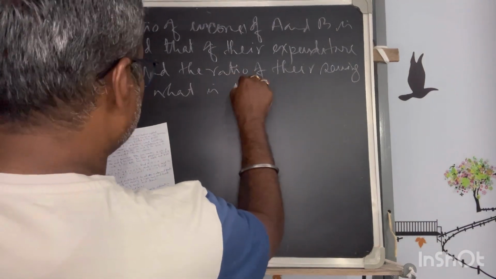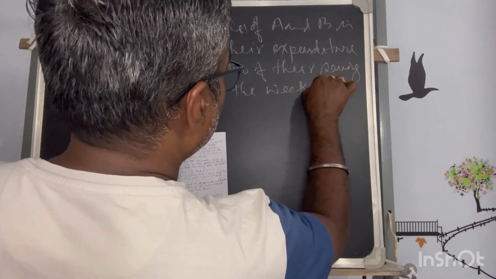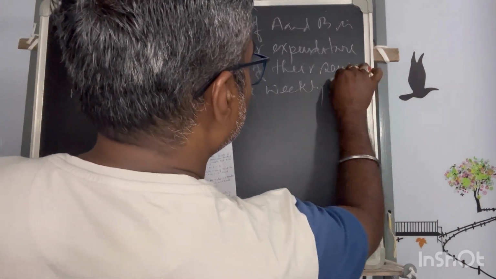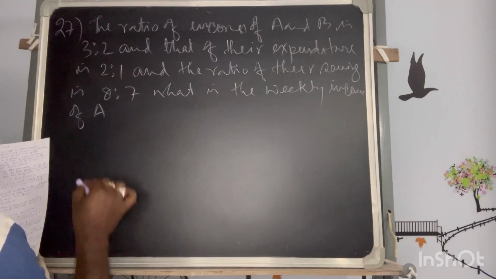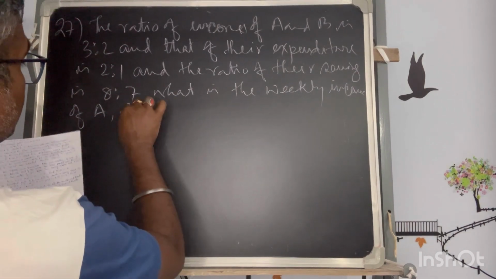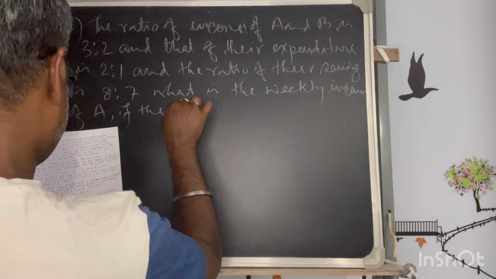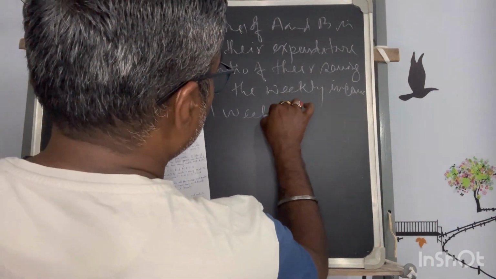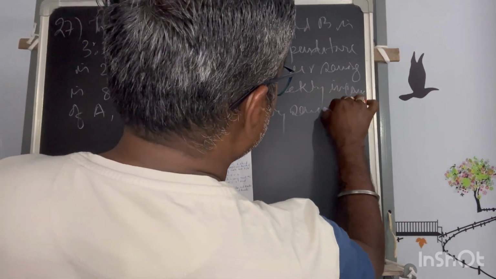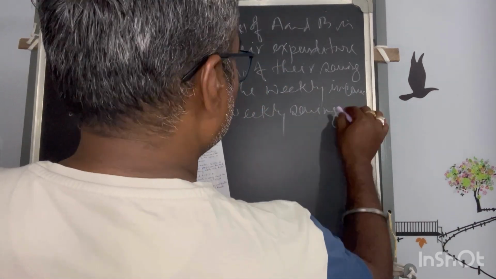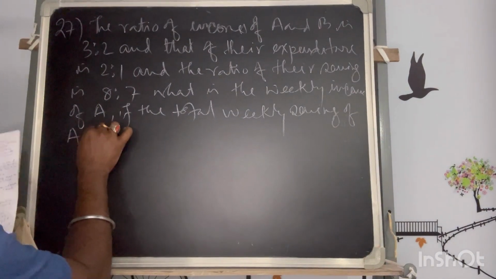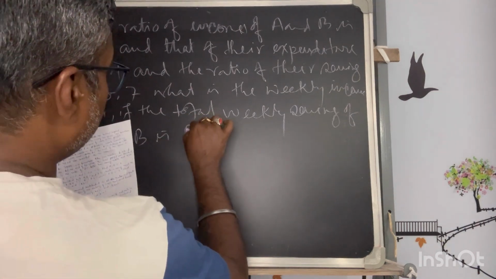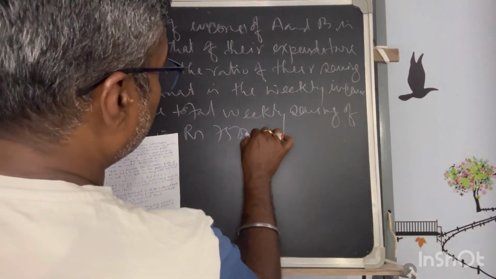What is the weekly income of A if the total weekly saving of A and B is rupees 7500?